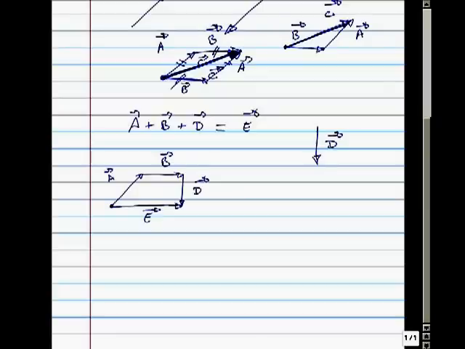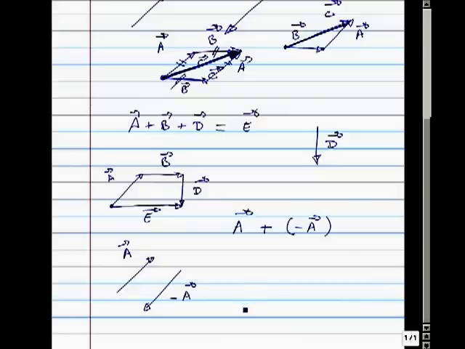Now, if you add two vectors such that one is the opposite of the other. Remember, if you had a vector A, this would be minus A. So I would like to add those two vectors. I will use the same technique.